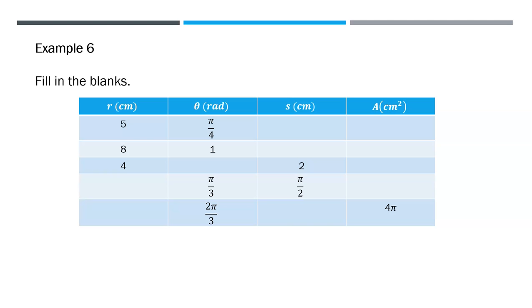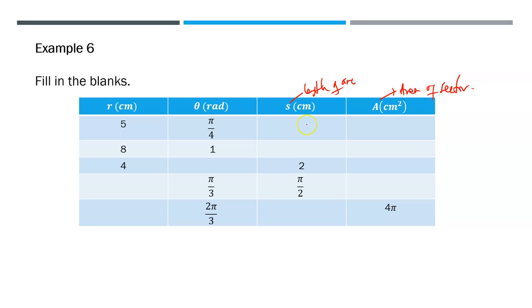Okay, example number 6, you have to fill in the blank. This is also an exercise that I want you to fill in inside the table. You are given r, theta is pi over 4, then what is the S? S is the length of arc. Area is the area of sector. Show me the calculation. Don't just give the answer inside.